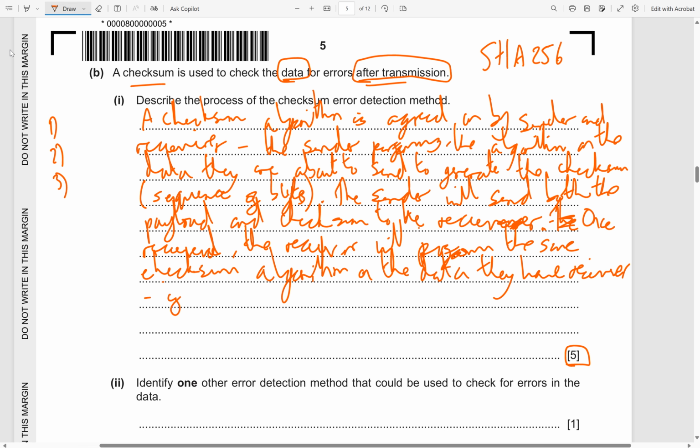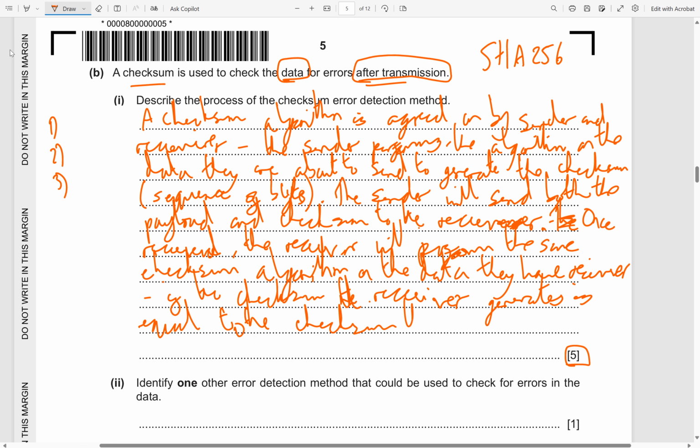So let's say that if the checksum the receiver generates is equal to the checksum that the sender sent, then we can assume the transmission has been successful.